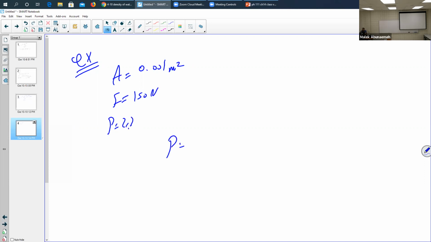That means your pressure is, again, your force per area, which is 150 newtons divided by 0.001 square meters. So your answer should be 1.5 times 10 to the fifth power newtons per square meter, or basically 1.5 times 10 to the fifth power pascals.